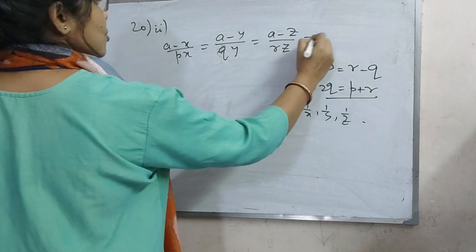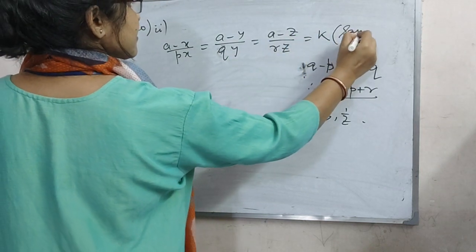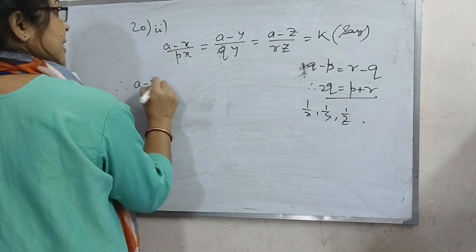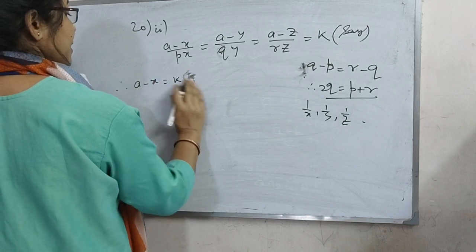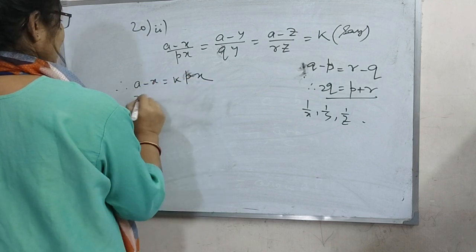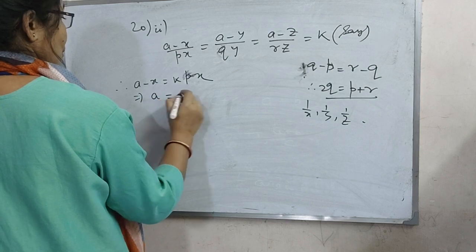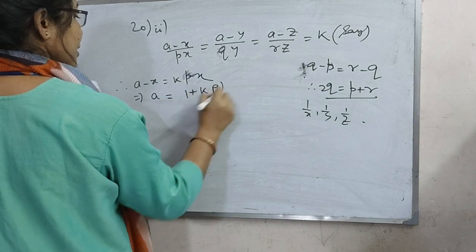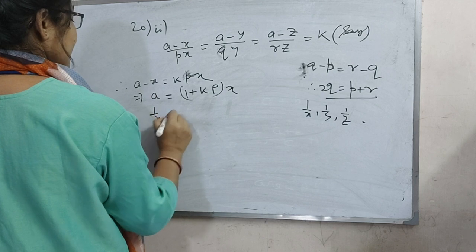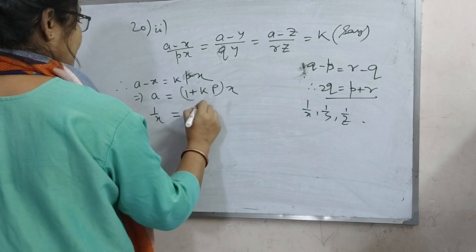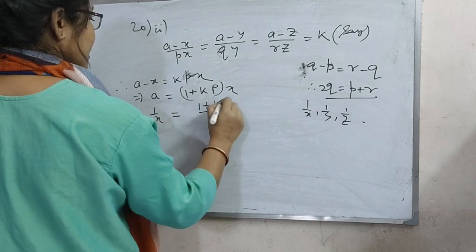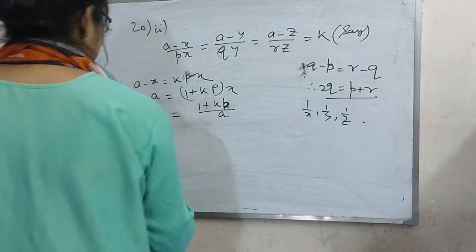It is given, so I can write this equal to k. So a minus x equals k into px. So a equals (1 plus kp) into x. So 1 by x equals (1 plus kp) by a.